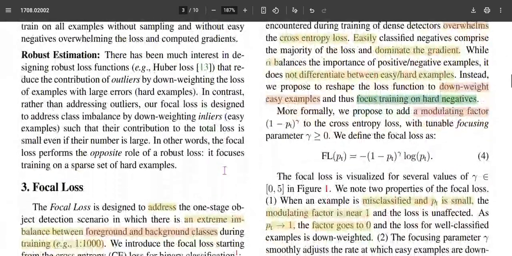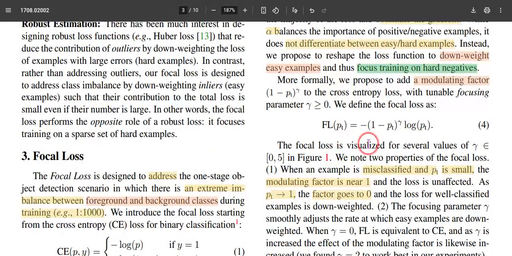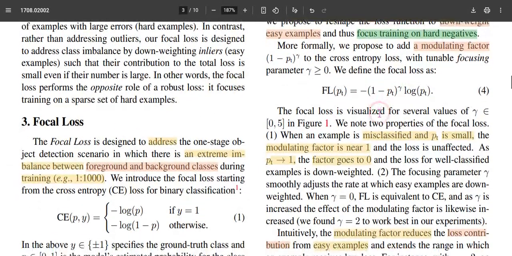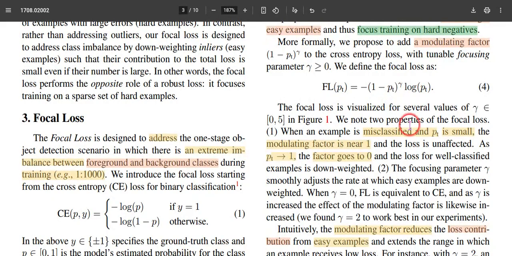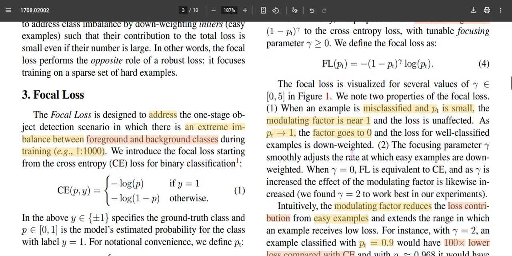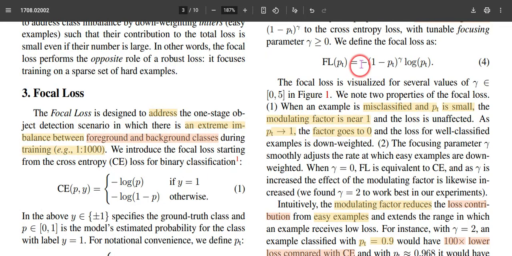This is the introduction of the modulated cross entropy loss. This is the modulating factor. For a well classified example, pt is nearly 1, so the modulating factor is almost zero. For a misclassified example, as pt tends to 0, this factor goes to 1. So for well classified examples the loss becomes nearly 0, and their contributions vanish.